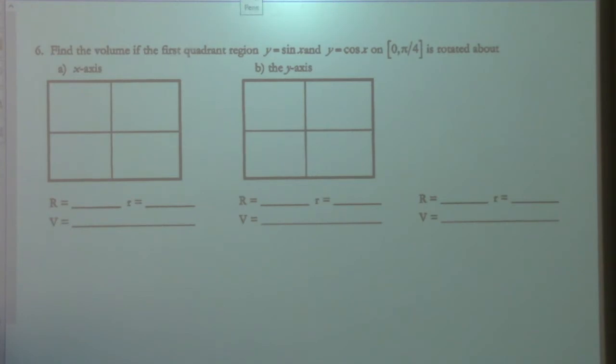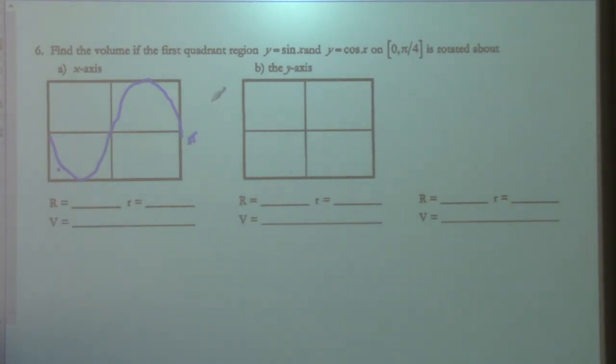So we have y equals sine x. And you remember what the sine curve looks like? Well, the sine curve is going to start from negative pi, I think, and go down here like this, then go up like this, and this will be negative pi to positive pi.